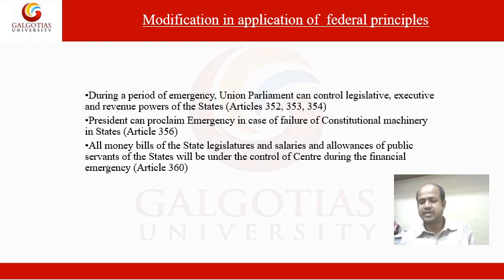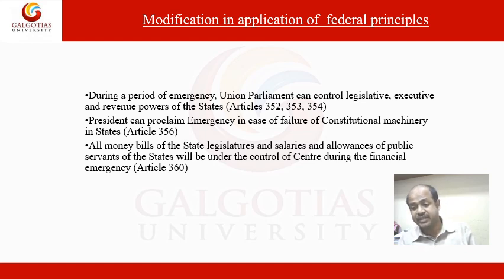Those constitutions which were made mainly after the Second World War were framed with the provisions of a modern constitution, and you will find the provision of the emergency. So during the emergency period, the Union Parliament can control the legislative, executive, and revenue powers of the state.